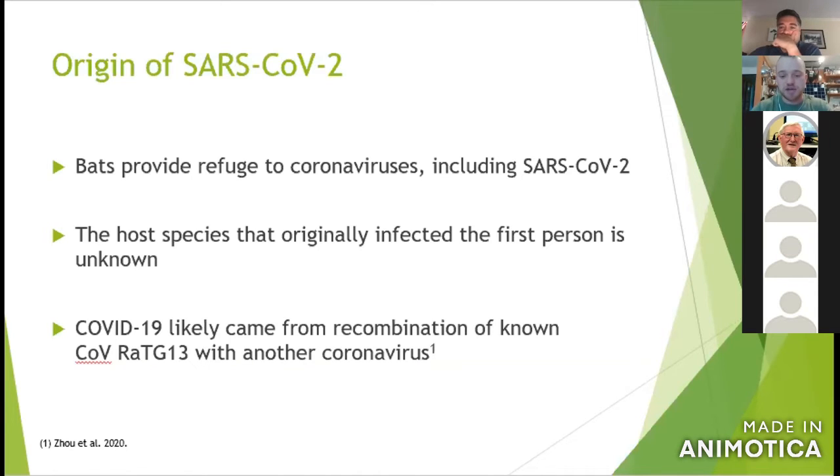Most of the papers I found would only speculate on it, and what went beyond speculation was only tangentially related, such as the fact that hedgehogs in Europe can carry coronaviruses, which is interesting, but not really related to where COVID came from. What I did find is that COVID-19 likely came from a recombination of a known coronavirus, RaTG13. It has a 96% similarity with that coronavirus, but where the other 4% came from, we still don't know.